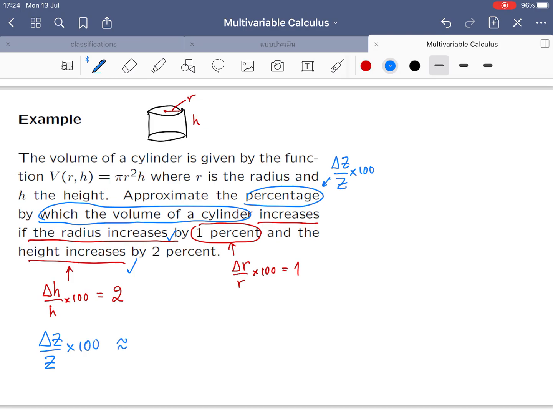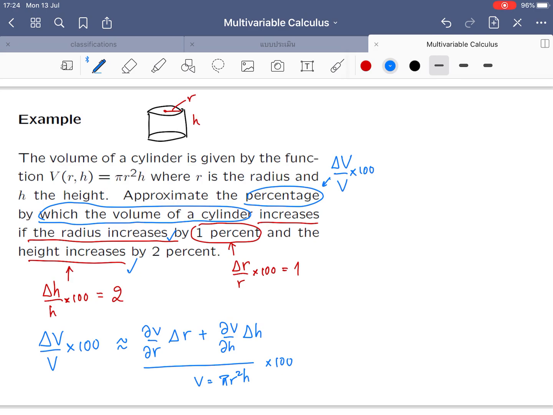It is approximated by, this is not z, because now it is about the volume, so you can use v instead, to coincide with the context. So it is dv dr delta r plus dv dh delta h, over v, multiplied by 100. So what is actually v? The v is pi r square h.